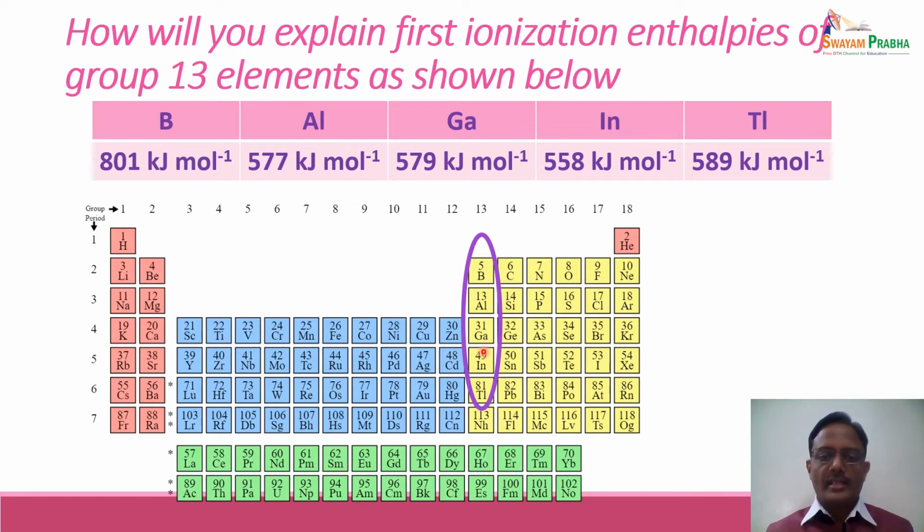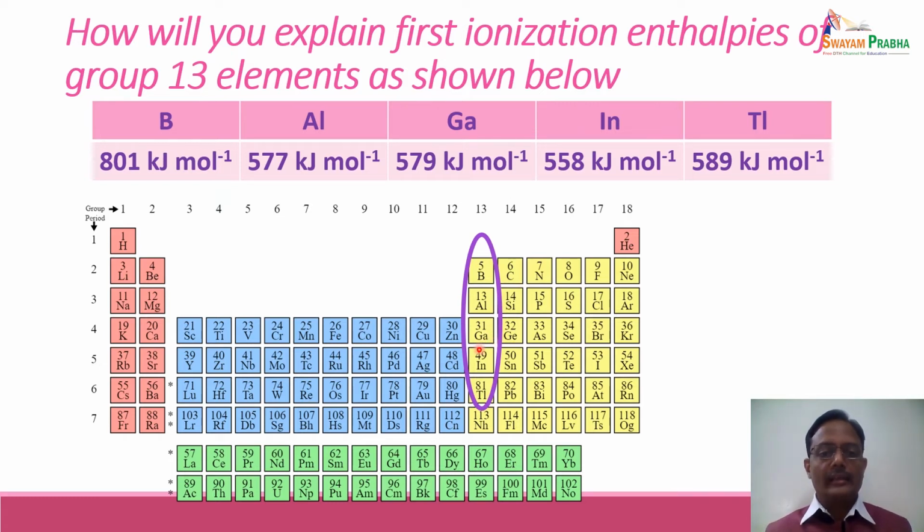And as a result, the force of attraction between the nucleus and our outermost electron should definitely increase much more as compared to the increase observed from boron to aluminium. So there is an increase in the electrostatic force of attraction because of the larger increase in the atomic number.